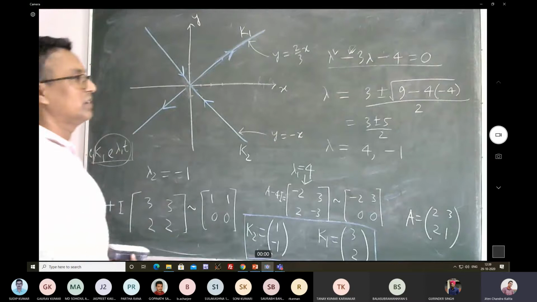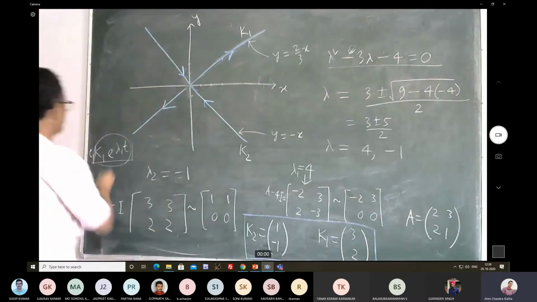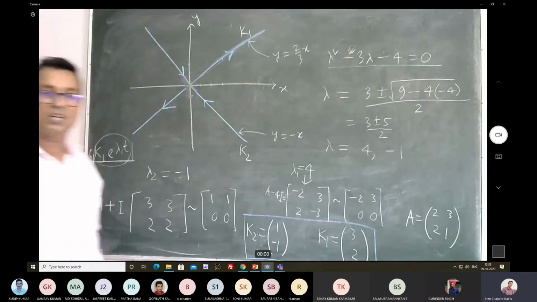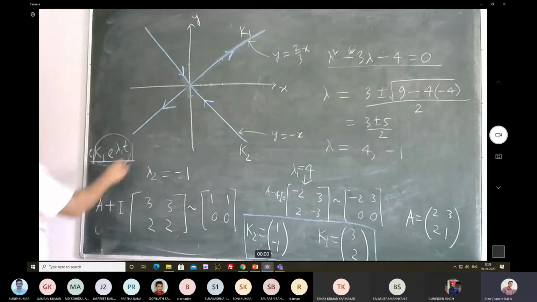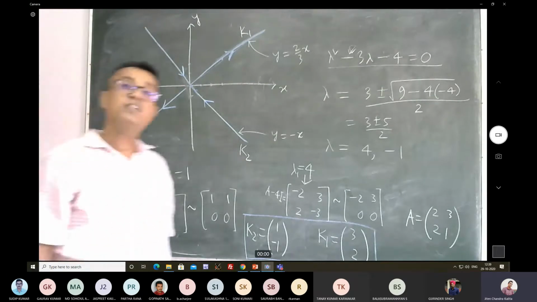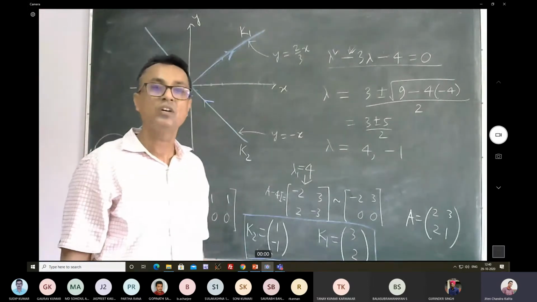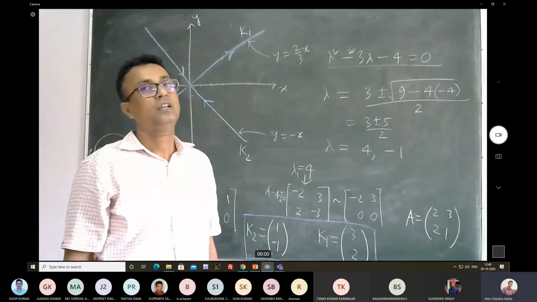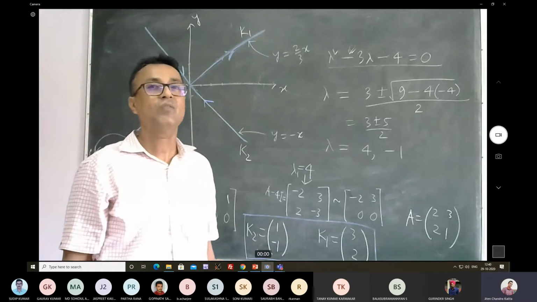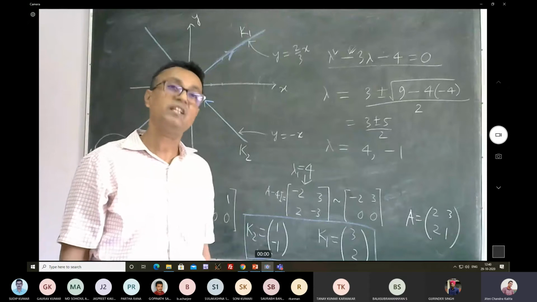Now we have to draw the other trajectories. Because this is the dominant part, all the other trajectories, if they don't start from any point lying on K2, are going to move towards the line represented by the vector K1, in such a way that this line is an asymptote.